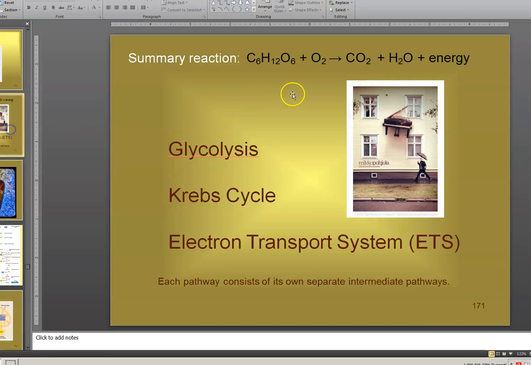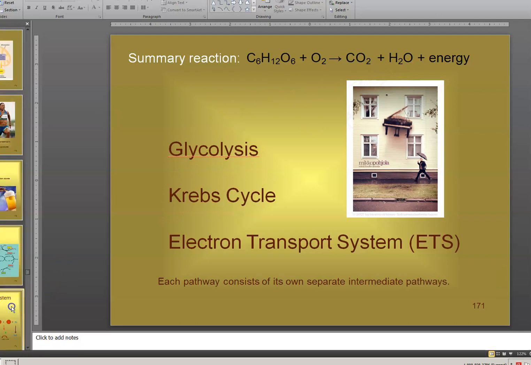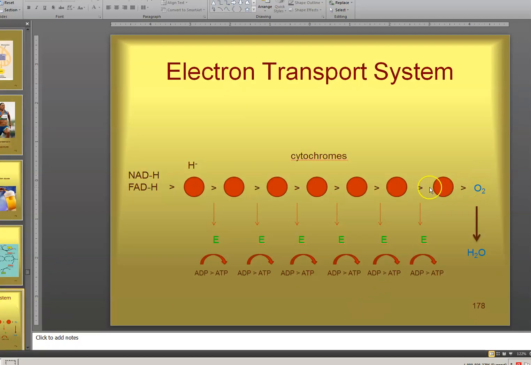And we accounted for water at the end of the electron transport system, because when you combine hydrogen coming off the cytochromes with oxygen, you get water. And finally, the energy at the end of the overall summary reaction of heterotrophic metabolism is accounted for right here by all these ATPs that we've produced. Again, from one molecule of glucose.